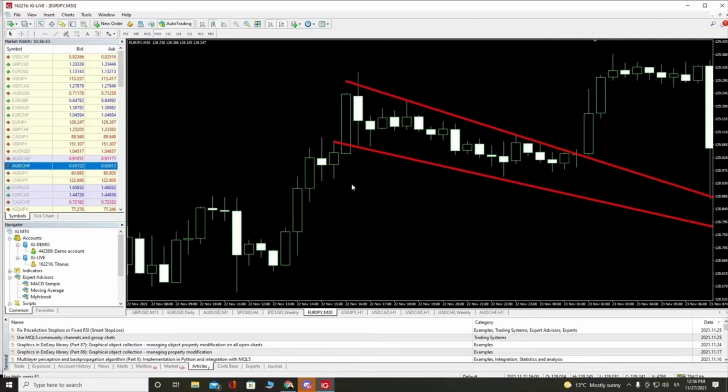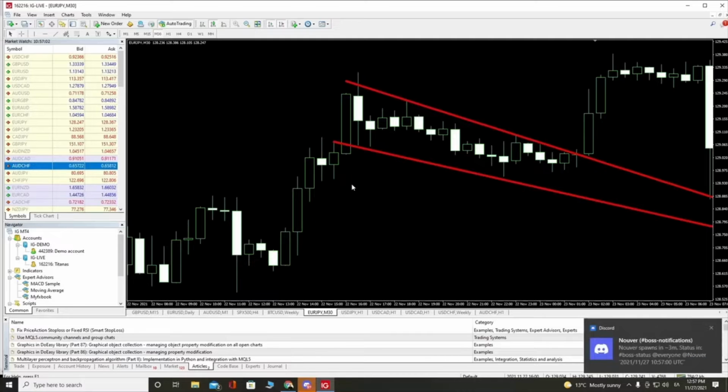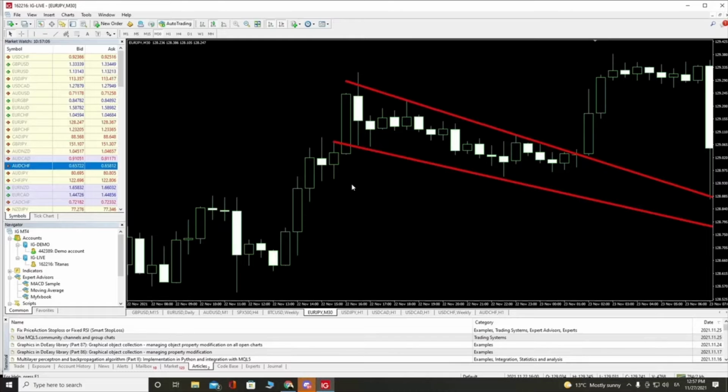Pennants and flags are continuation patterns. After a very intense breakout or a trend, I have told you many times, you need to be agile in your trading. What's happening on the upside also goes to the downside. When you're entering a trade, try to be objective. Take into consideration not only the ups, but the downs also.